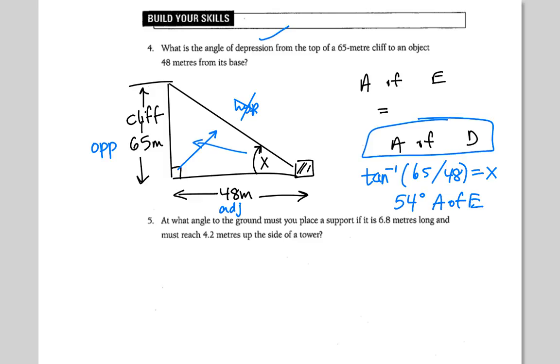So I can say, correct, I understand angle of depression. And the angle of depression, of course, is from a horizontal line, and it would be right there. So 54 degrees. Let me color it in purple. That's the angle right there.